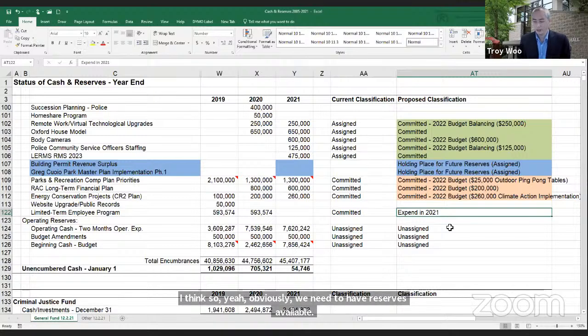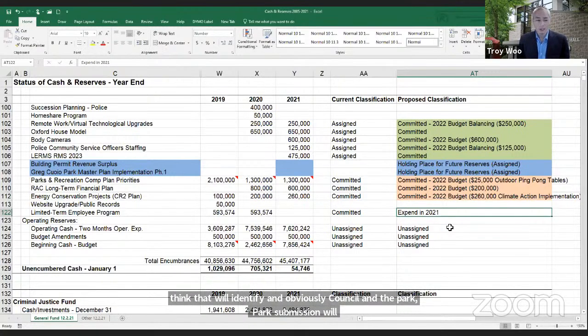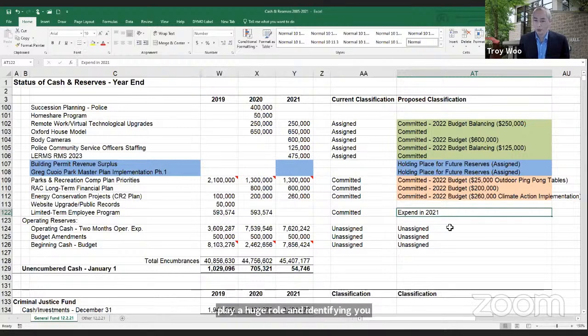So that's one issue, but really we need to finish off that discussion and implementation and adoption of that plan. And I think the council, and the Parks Commission will play a huge role in identifying what may actually move forward. So again, I think it'll self-identify what that amount is.